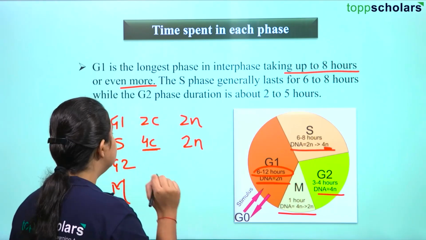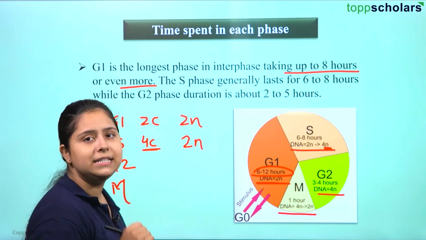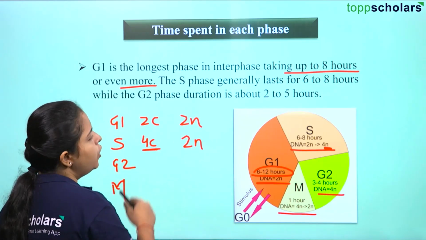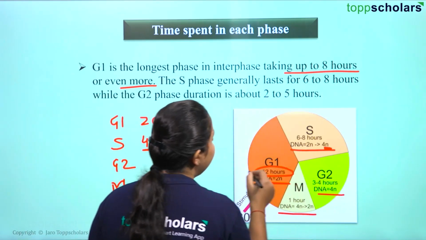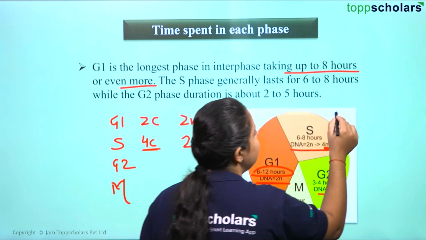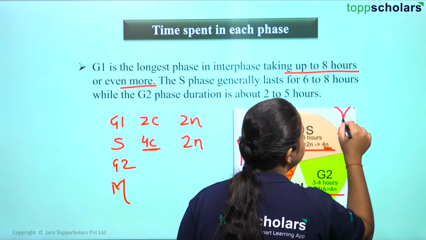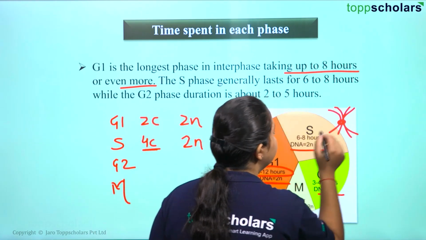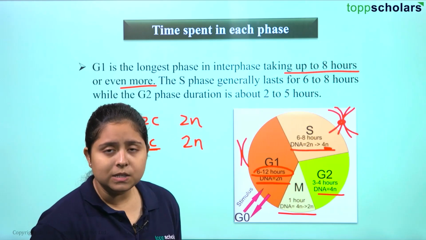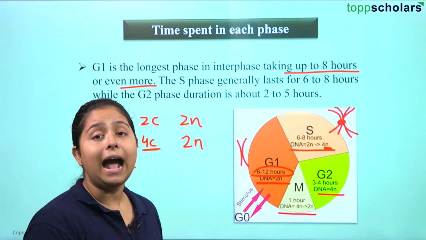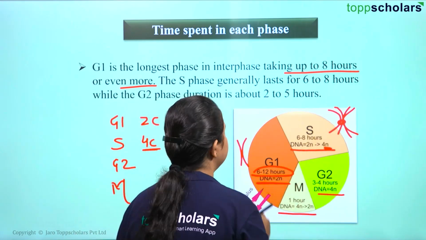Okay. So in S phase, the amount of DNA is doubled, but the chromosome number remains the same, that is 2n. So, if I have this much DNA present in G1, in S phase I will have double the amount of DNA. But the chromosome number is the same. How is this so? Students, chromosome number is always counted as per the number of centromeres.